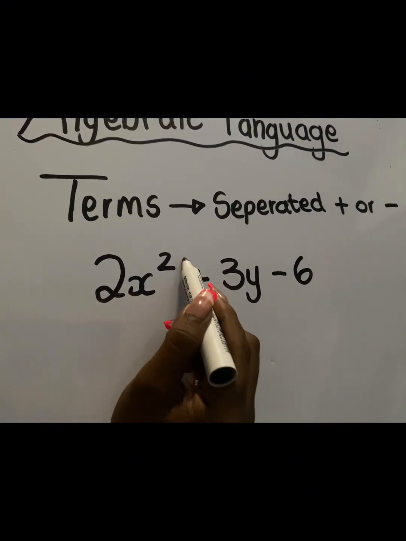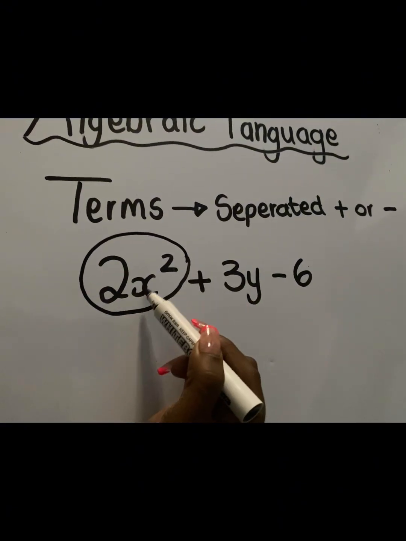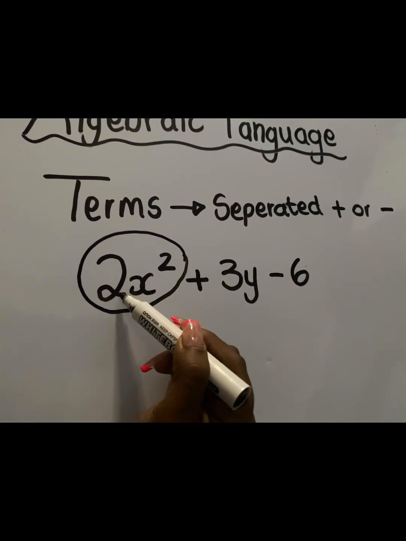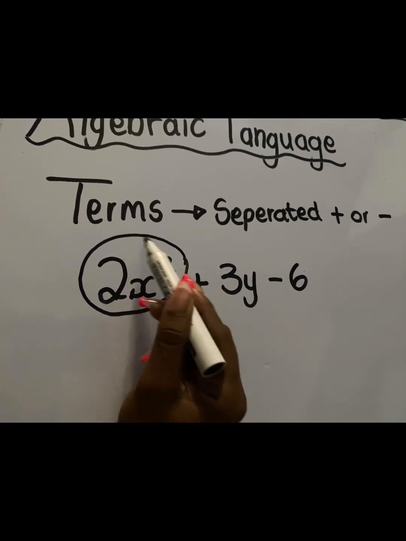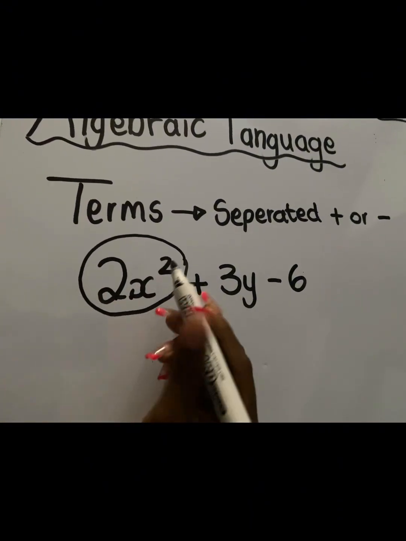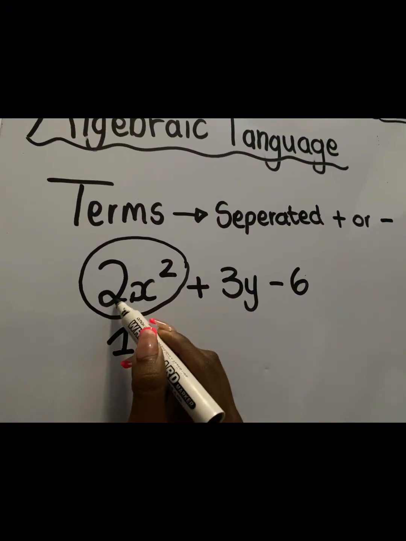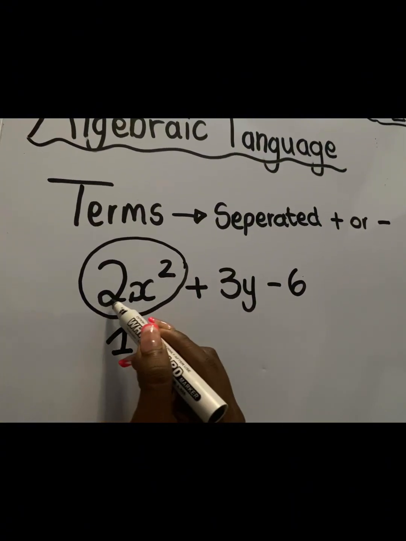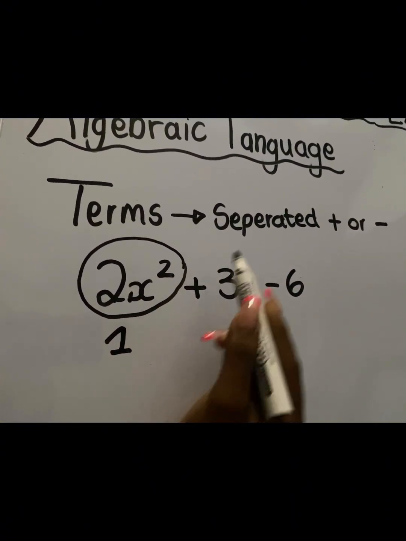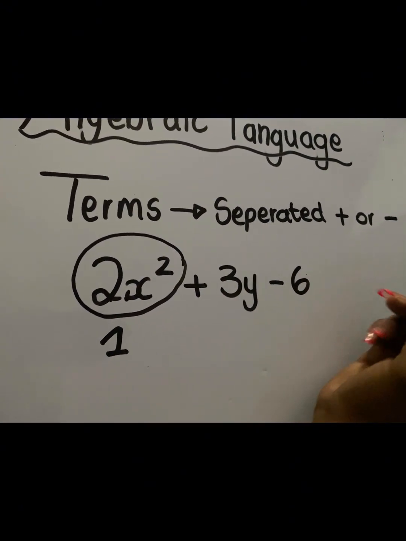Now this is one term. Yes, we have an x squared and a 2, but these two are multiplied together, forming one term. Terms are separated by a plus or a minus.